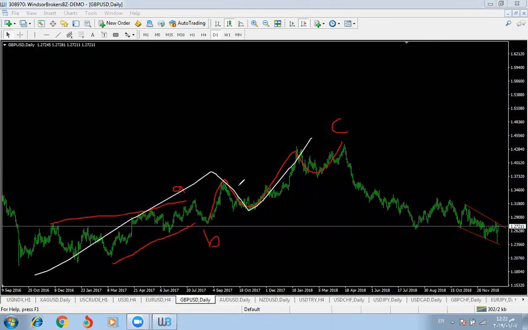For this swing, let's move to the bearish swing for the pound. The pound has made this bearish swing also in the form of ABC.